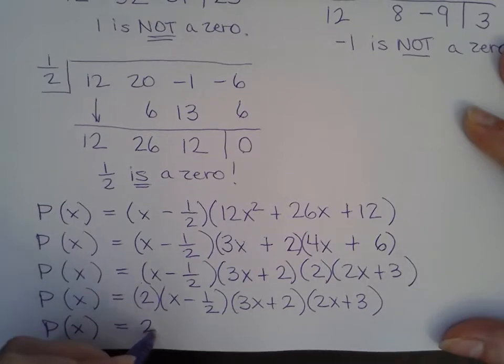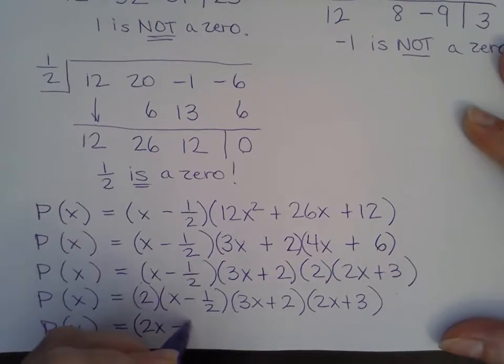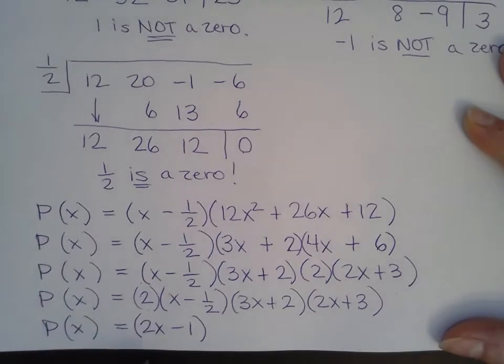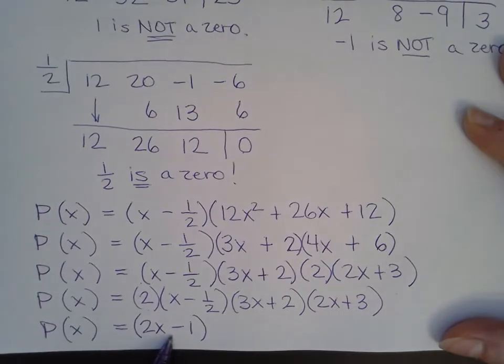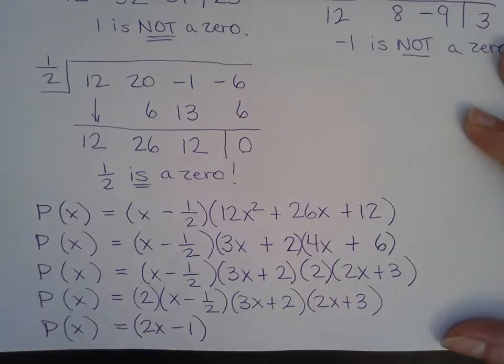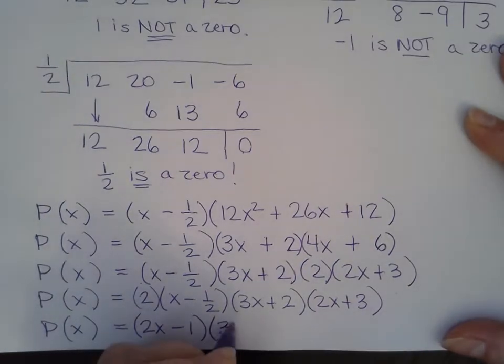So then I'll have 2x minus 1. And keep in mind, if I set this equal to 0, when I solve for x, I get a half. If I set this equal to 0, when I solve for x, I get a half. So I haven't changed anything in regards to the 0. I'm just writing it in a different way.